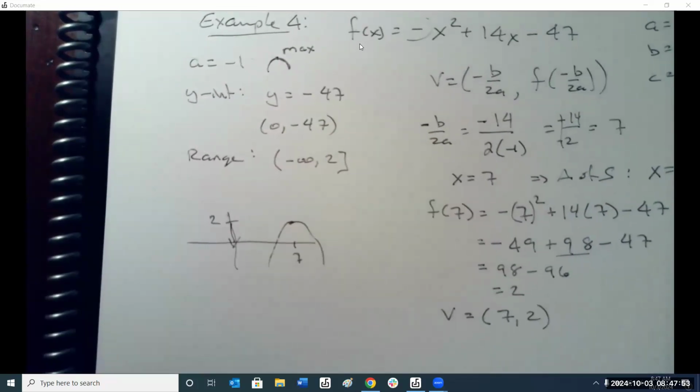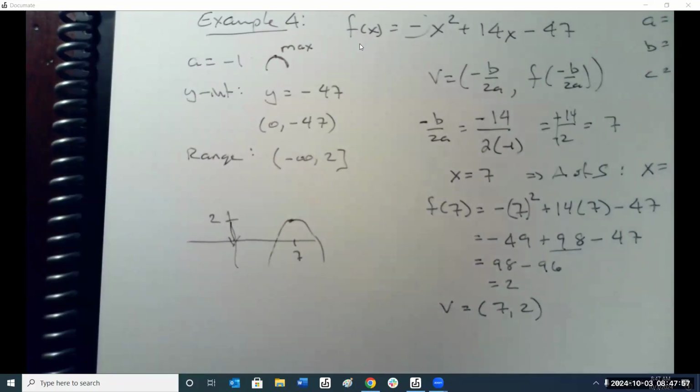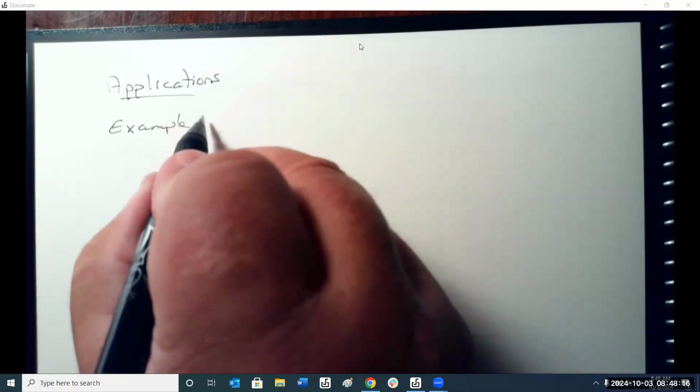Let's do a couple of word problems. Application problems, they call them, using quadratic formulas. Applications. Example 5.